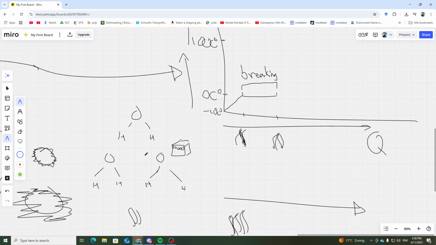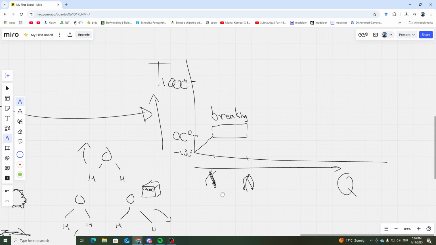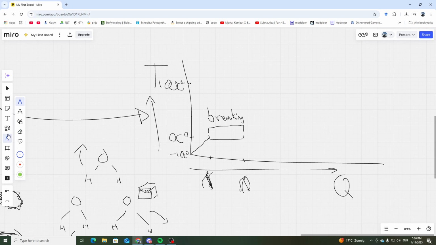These particles are now looser and thus can move around and are a liquid. That is what's happening at these plateaus. We have a plateau because we are breaking the bonds within the ice. Coolio. Then, at some point, we turn into water, what we have right here.